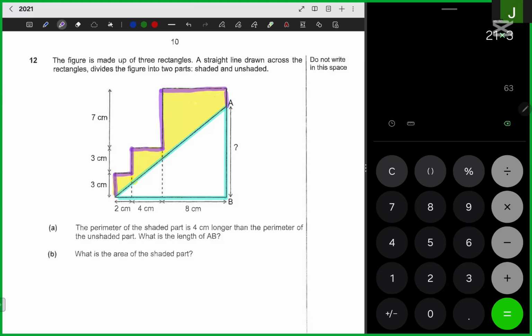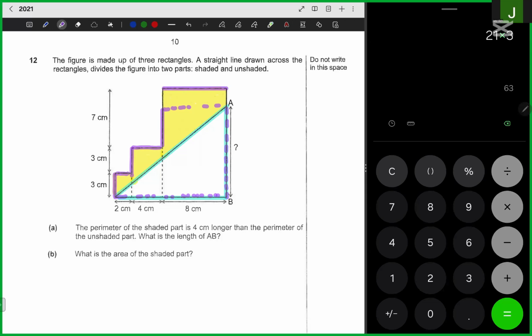Now I'm going to go back down here and see this. This part AB is actually equal to here plus here plus here. And then this 2 cm, 4 cm, and 8 cm is actually equivalent to here, here, and here.